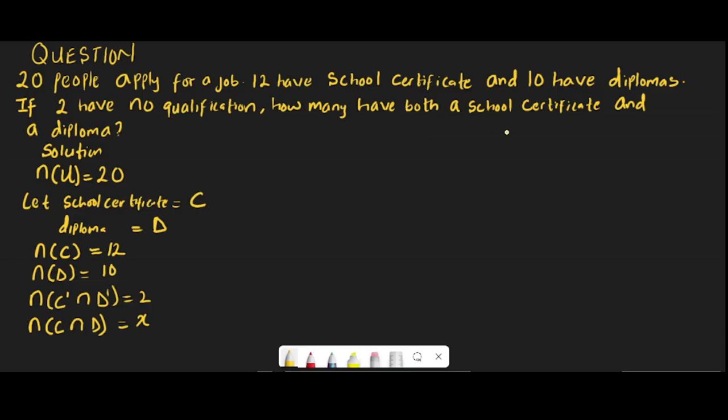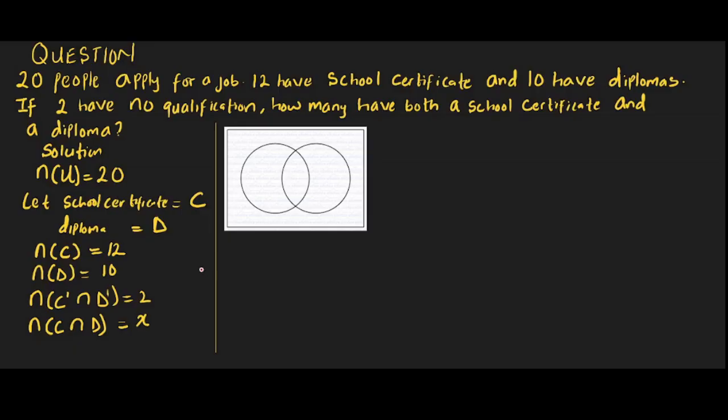Both the school certificate intersection diploma, that's what the question asks us to solve for. The next thing is for us to draw a Venn diagram. We call this first part the school certificate, C, which equals 12.